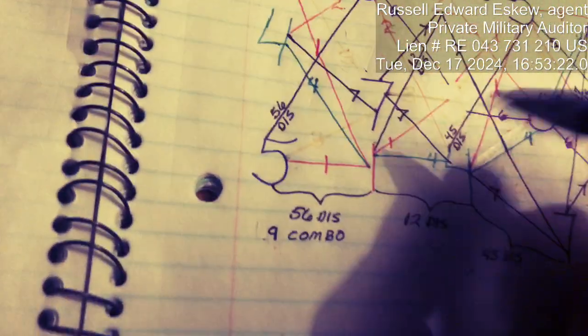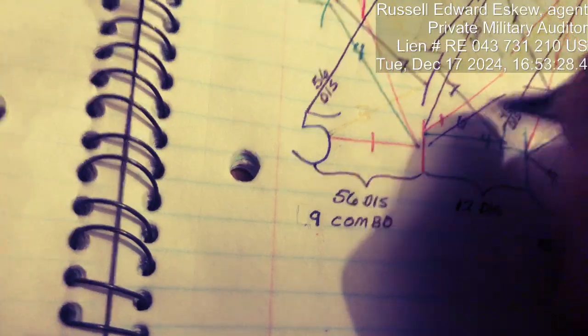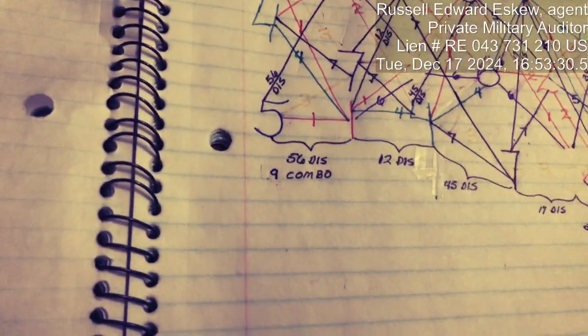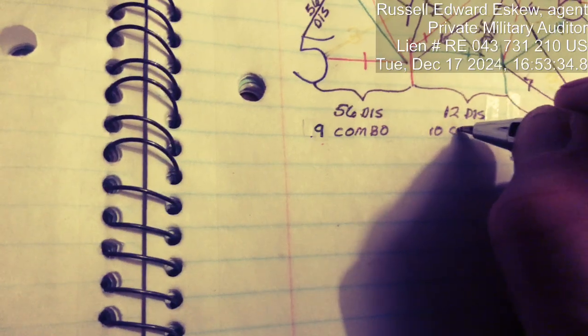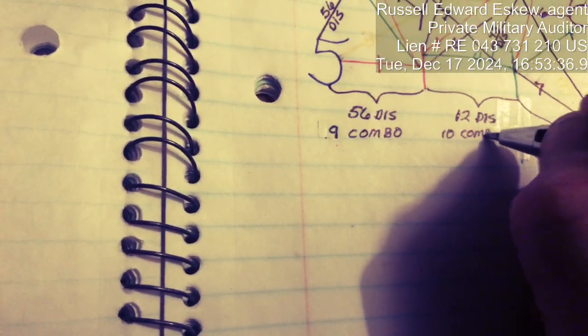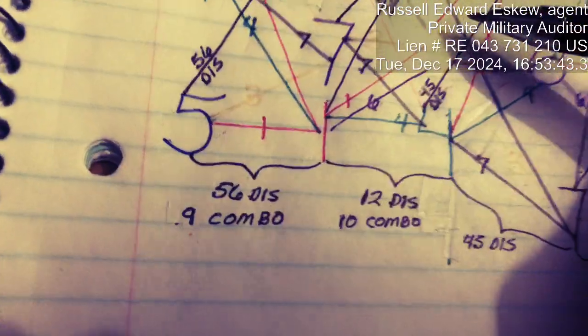All right, so the 1 going to the 3 is also a 6, which brings this one to a 10 combo. And then this one here, there's a 3 to a 5, so this is a 10 combo.